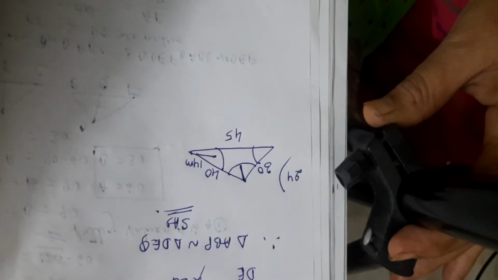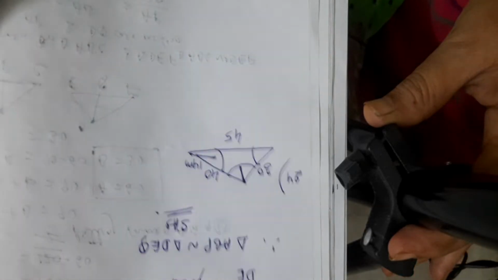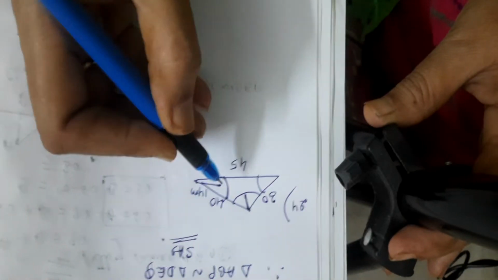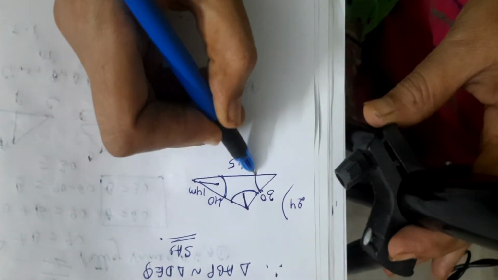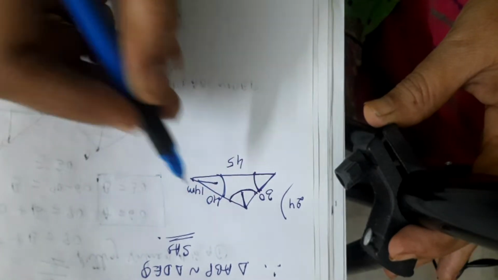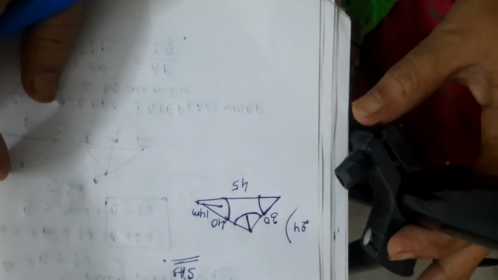We need to calculate the area of the grass field that can be grazed by them. To find the area grazed, this portion we need to find out. So these are the sectors. As theta is not given, we are going to have a common calculation.